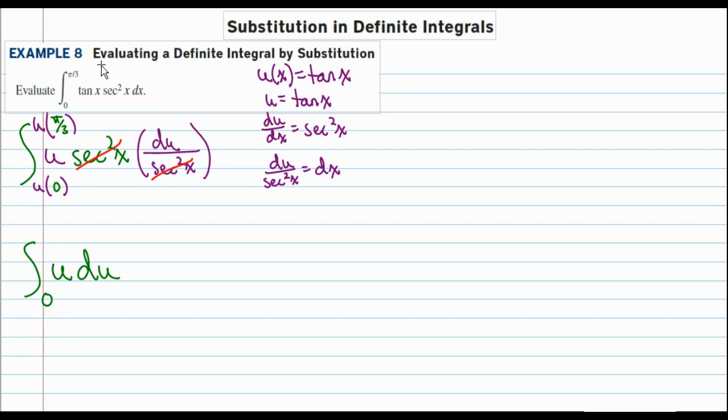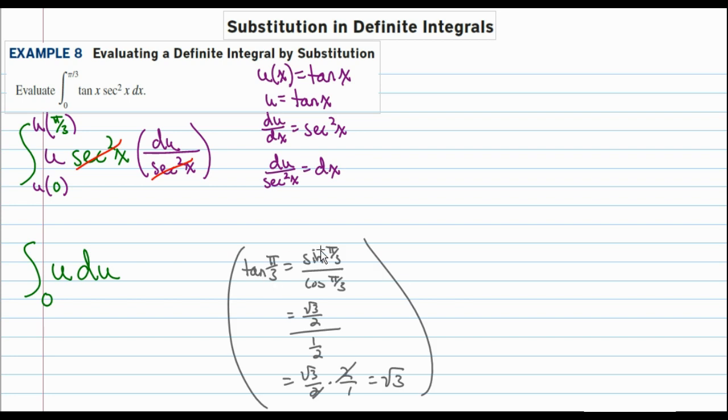Now the upper limit: I was going to plug in pi over 3 into tangent of x, but now I called this function u, so I need to plug pi over 3 into u. If you don't remember how to do that, here's your work. The tangent of pi over 3 is square root 3.